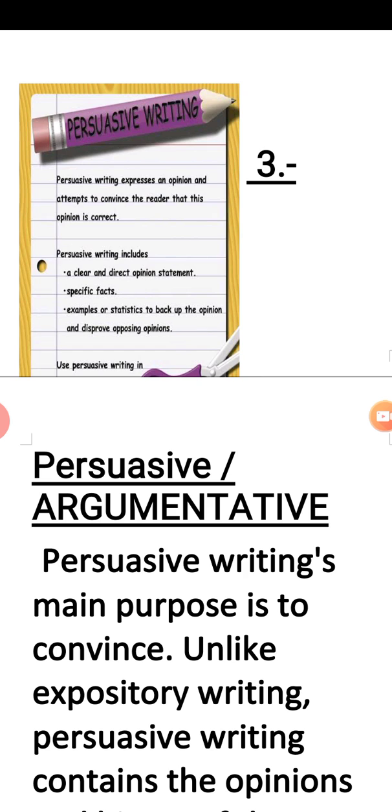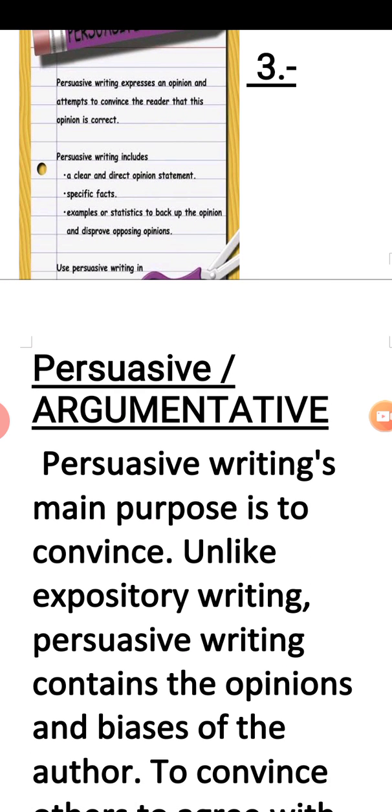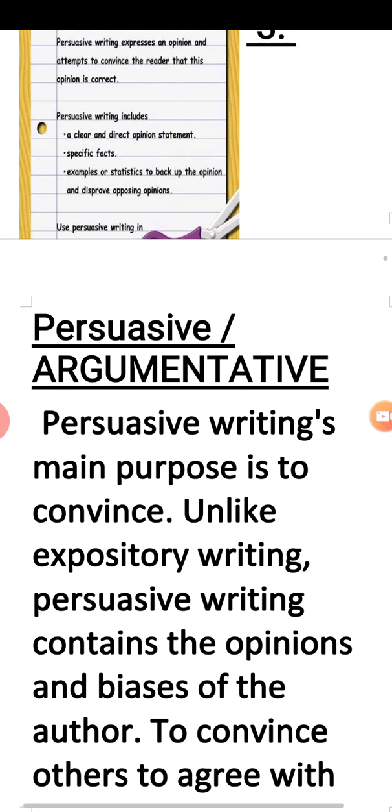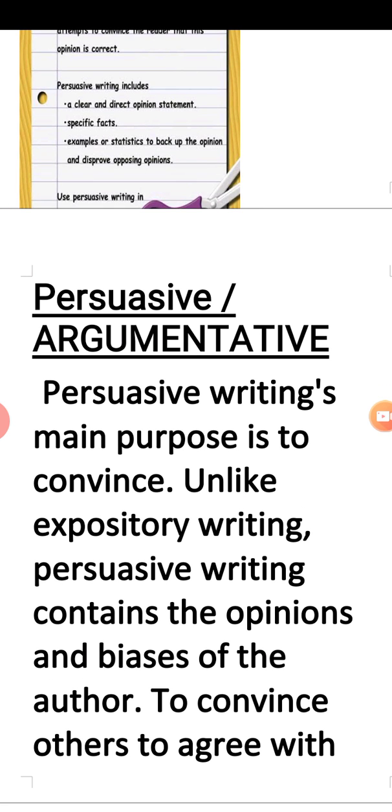And then we come to the third part, which is the persuasive or the argumentative. The argumentative always talks about debating, like in a debate, two sides of a subject, like are online classes better than offline classes, like classroom is better than the online classes, or the internet is better than the books, or vice versa.